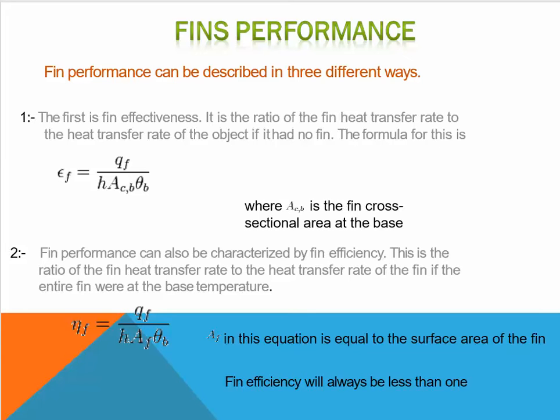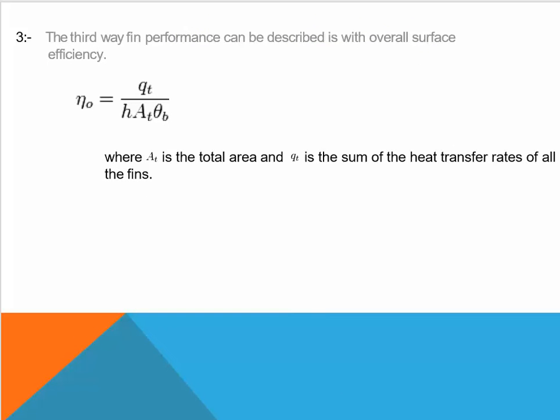The efficiency will be Q_f by h A_f theta_b, where A_f in the equation is the surface area of the fin, and fin efficiency will also be less than 1. The third way is the overall surface efficiency, which is Q_t by h A_t theta_b, where A_t is the total area and Q_t is the sum of the heat transfer rates of all the fins.